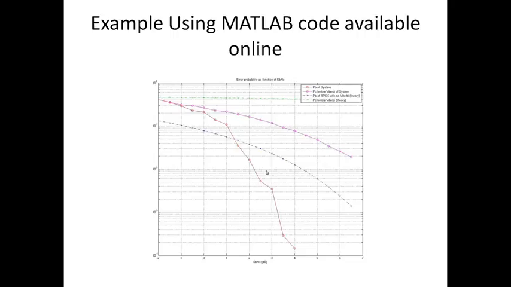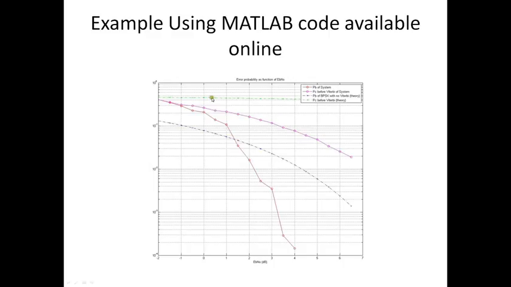They apply that principle that I just explained to a signal that they generate. They make up all of the probabilities of receiving different things, and if you can see in this graph here, they are graphing the error probability versus the signal noise ratio.